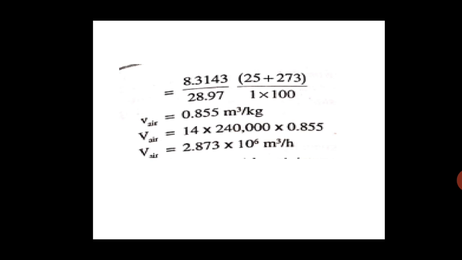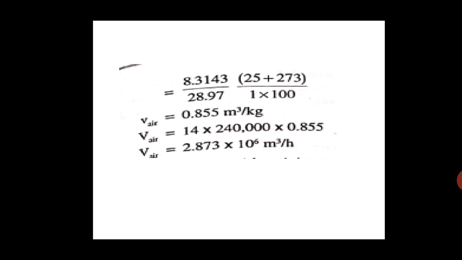So this is the volume of air required per hour for the steam power plant to burn 2,40,000 kg of coal, consuming 14 kg of air per kg of coal burnt.